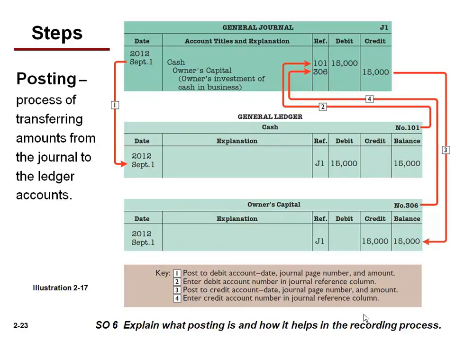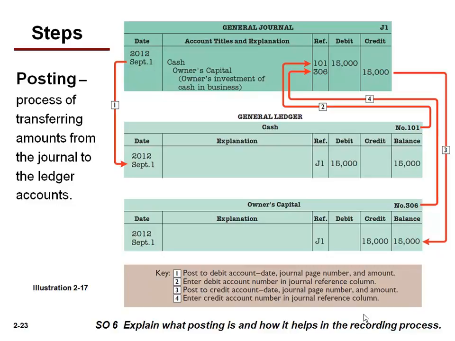Here's an example of posting, another word that simply means transfer. Transfer information from the journal set of books to the ledger set of books. Here, use of the reference column in the respective journals and ledger indicates that information has been transferred.